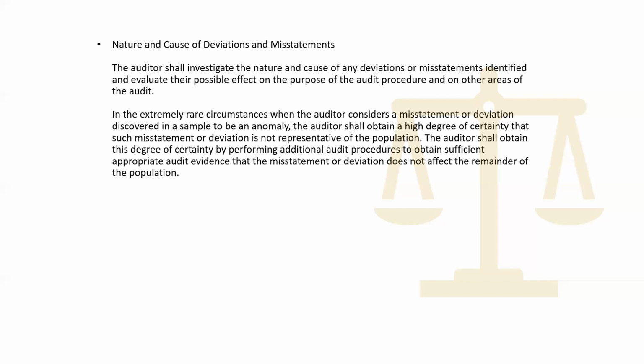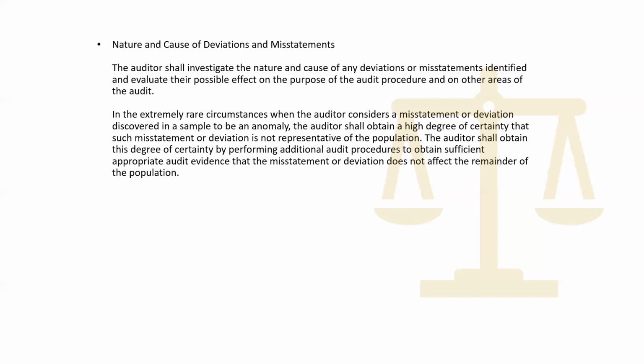So by doing that, you would then consider whether the misstatement or the deviation is an anomaly, and then you have to go back now and select more items for testing so that you can obtain a level of certainty around the deviation or a level of certainty around the misstatement. Because identifying a misstatement or a deviation does not automatically mean that that misstatement exists in the rest of the population.